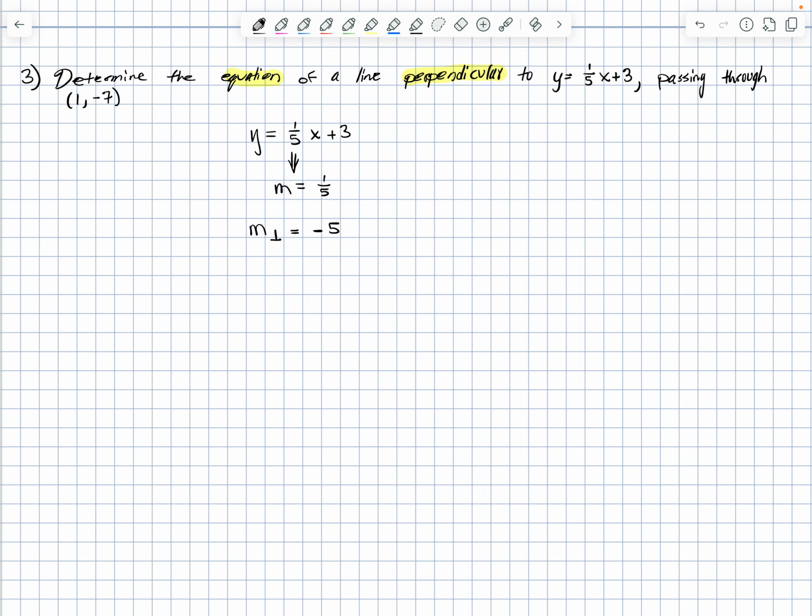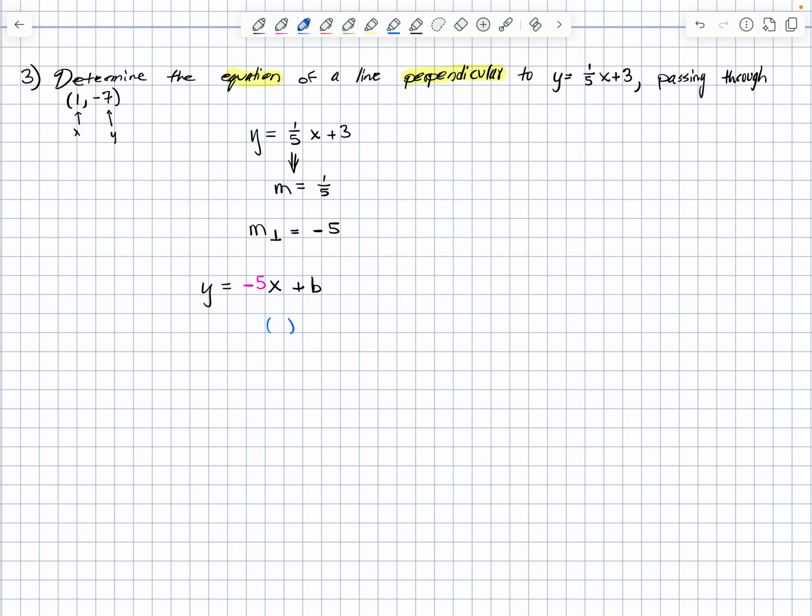Will always revert back to y = mx + b. I just figured out the slope of my new line. It's going to be negative 5. Now I just need to figure out this b right here. So in order to do that, I have a point right here. Use that point. Remember, this is a given x on my line, a given y. So sub those values into x and y here.